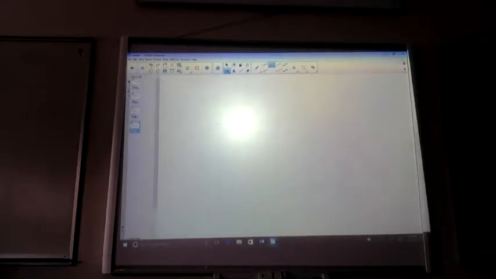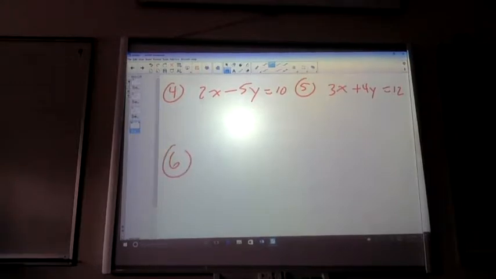Okay? So we can just put all these on one slide. Let me put number 5 right here. Number 6 right here. Negative 3x plus 5y equals negative 30.